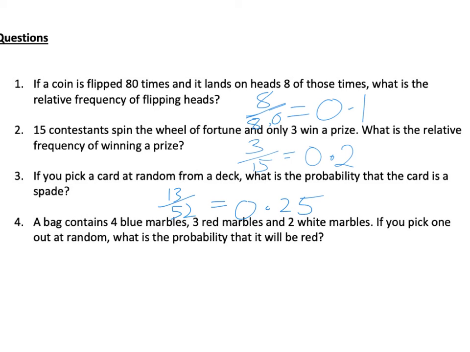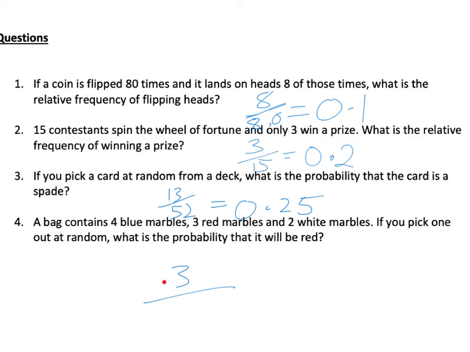The final question is based around theoretical probability as well. We've got a bag that contains 4 blue marbles, 3 red marbles, and 2 white marbles. If you pick one at random, what's the probability that it will be red? So we're going to get the total number of red marbles divided by the total number of marbles altogether.